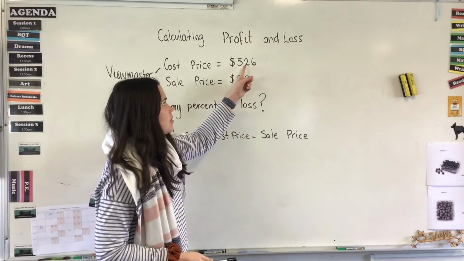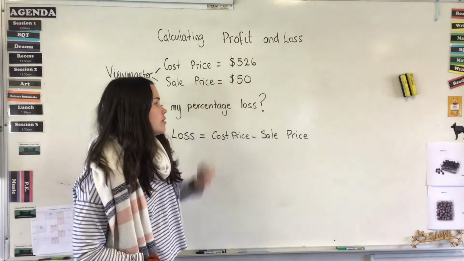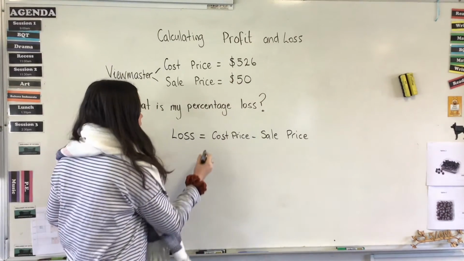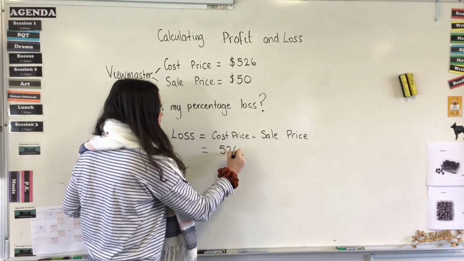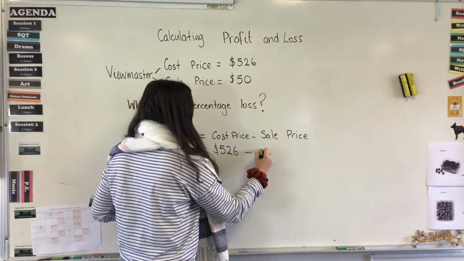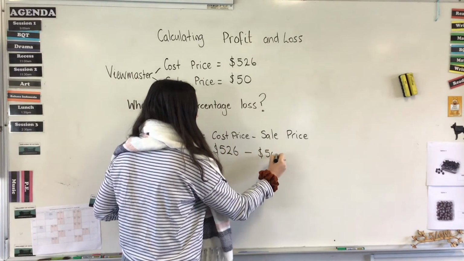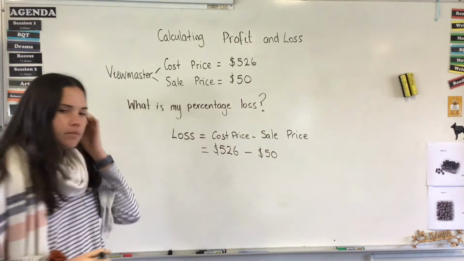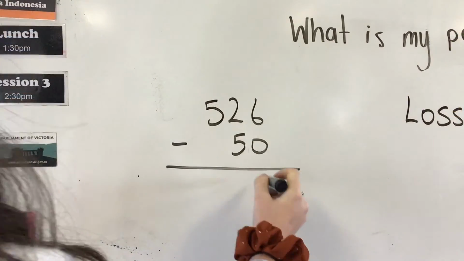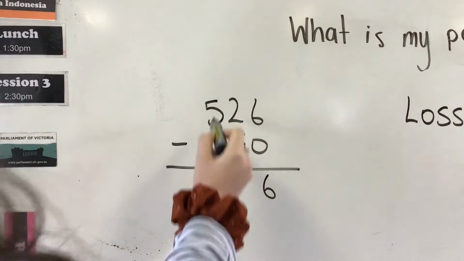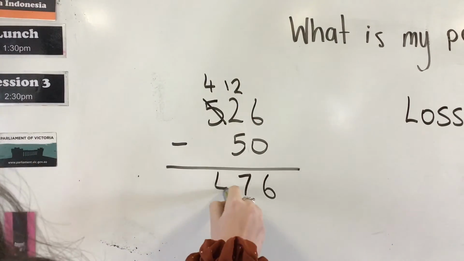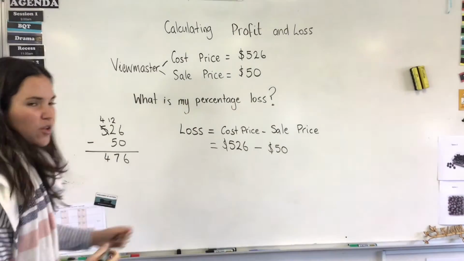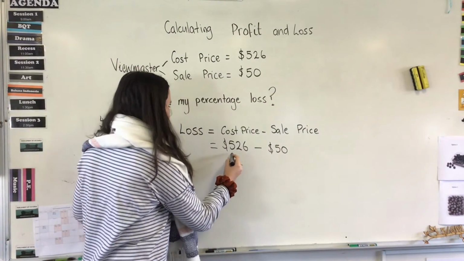Because this number's bigger, I'm going to start with that and subtract 50 from there. Cost price, I've got $526 minus $50. So I've lost $476.